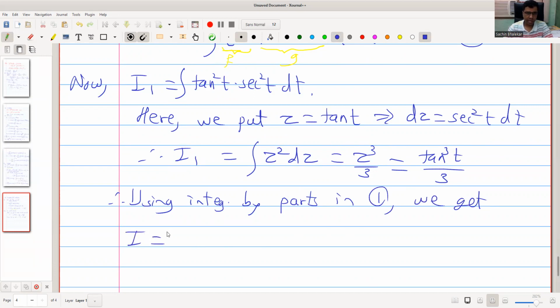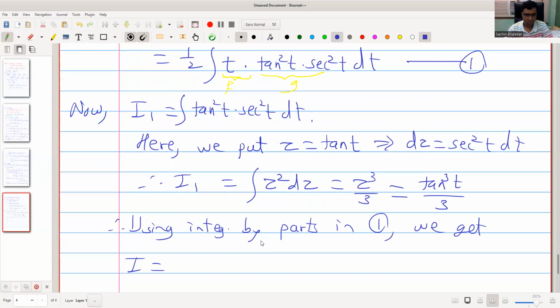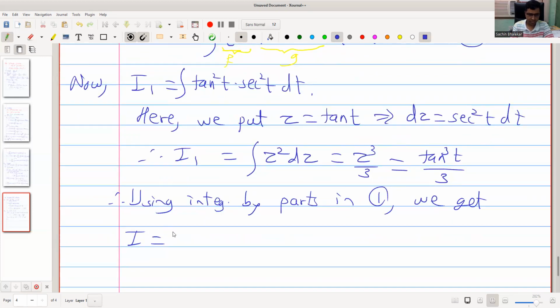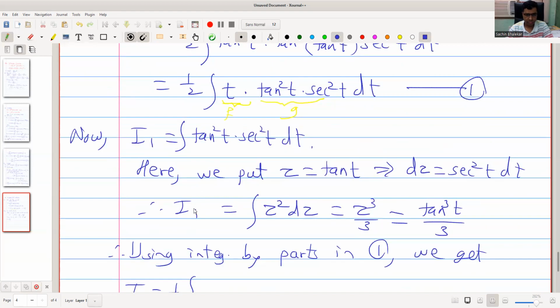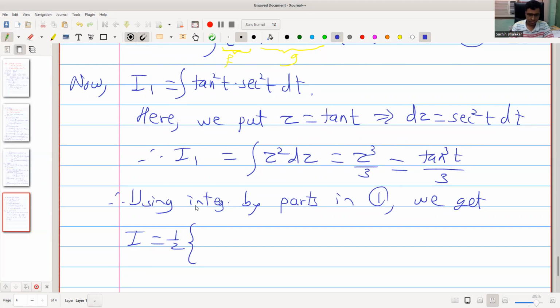Left hand side is I and it is equal to 1/2 into first function, which is t, integral of second function is this one, tan cube t by 3, minus integral of derivative of first function, which is dt by dt, it is 1.